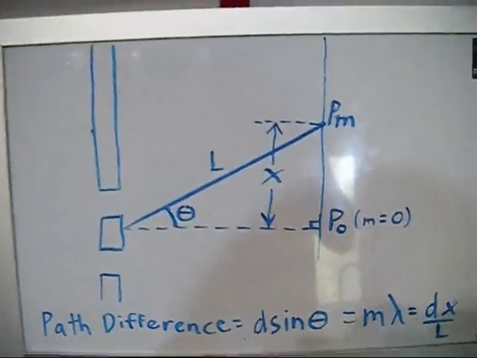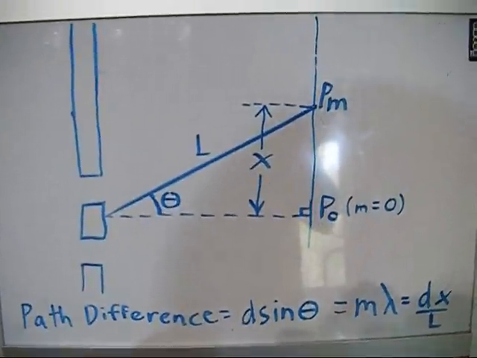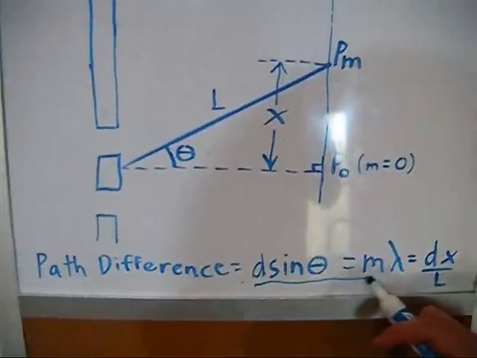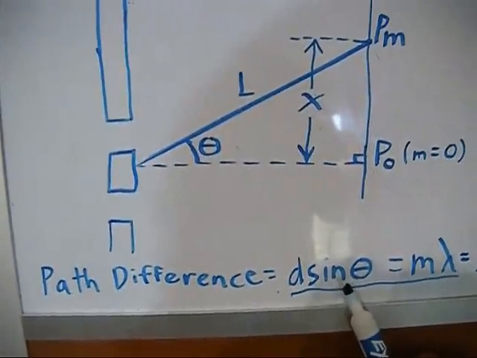Now for Young's final equation, this was his second equation. Sine theta can also be a different thing.